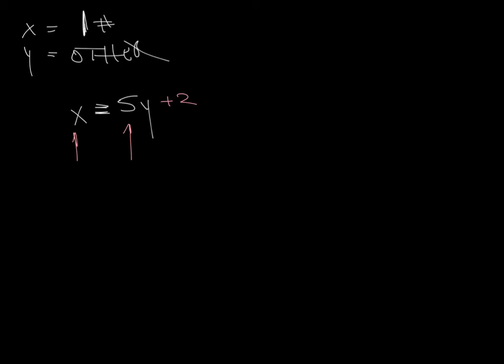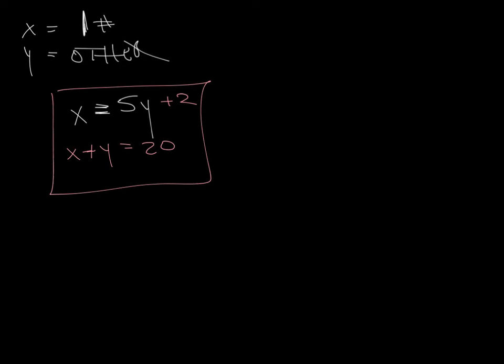So not only did I multiply it by 5 to get it to be equal, I had to add 2 to that number as well. The only other thing that it says is if we add the 2 numbers together, we get 20. So there are my 2 equations there.